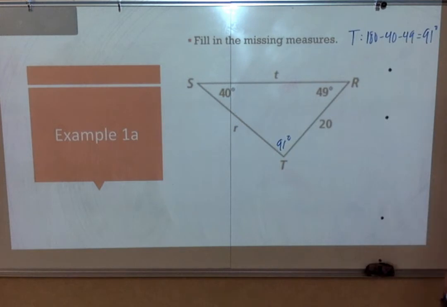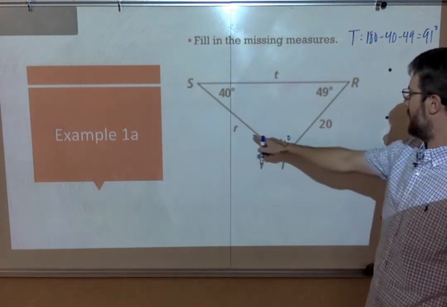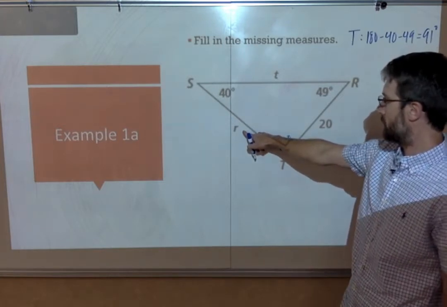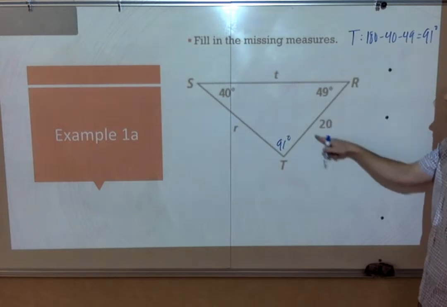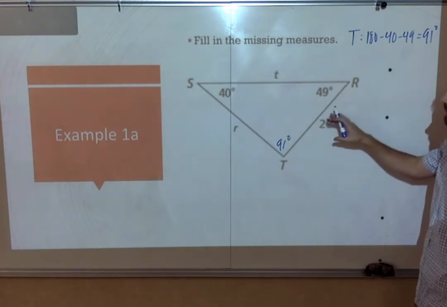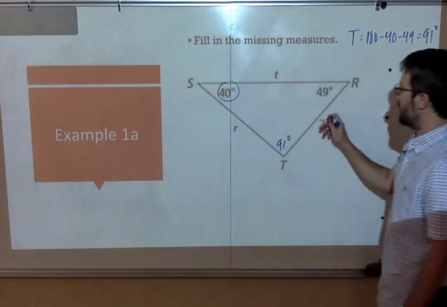All right, now I've got enough that I can figure out the rest of it using the law of sines. So if I were to find side length R to start with, I notice that I'm going to use law of sines here because I have an angle and its opposite side.